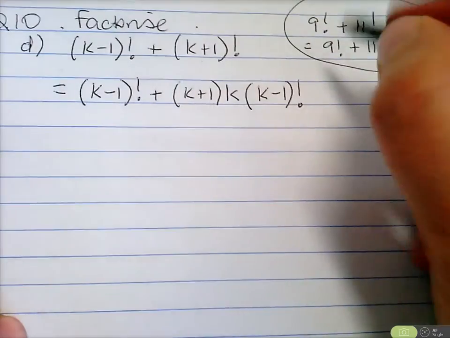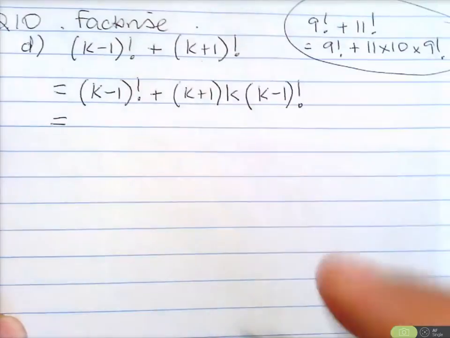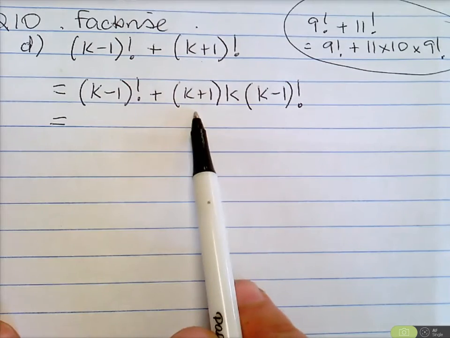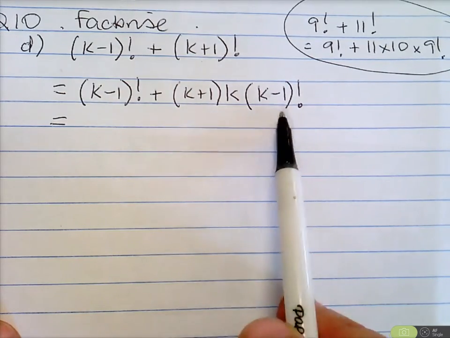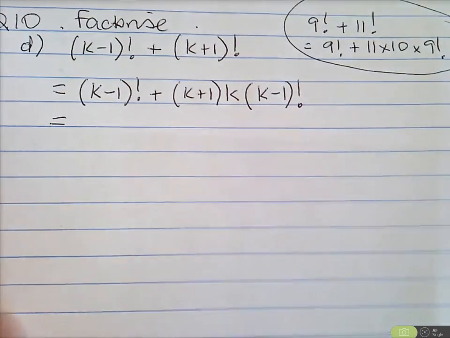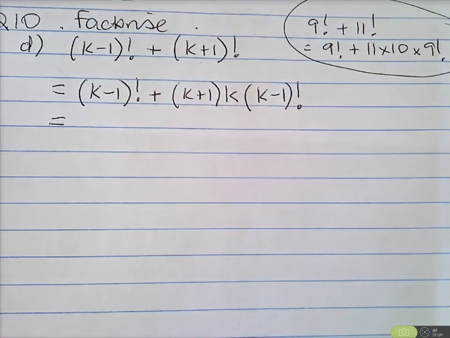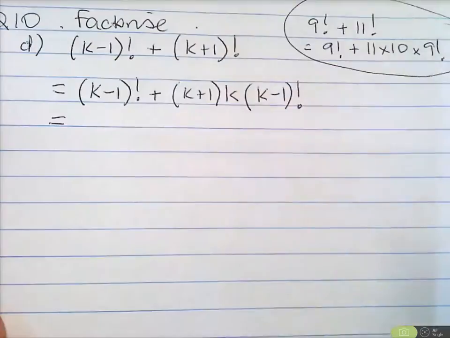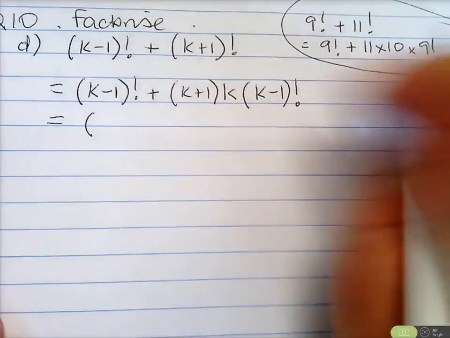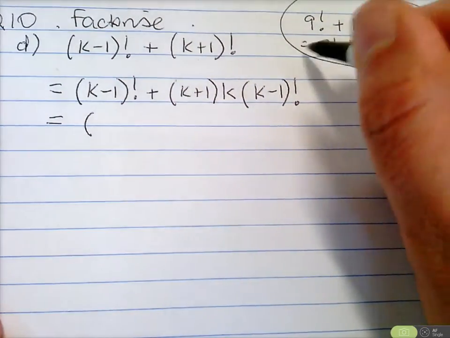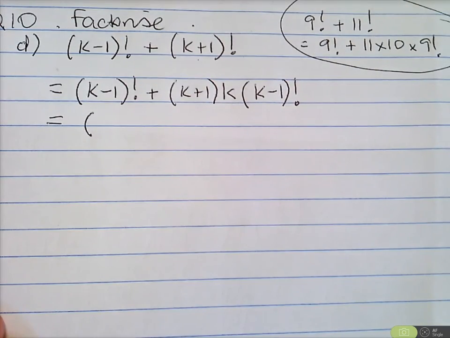Now, with this, k plus 1 factorial is k plus 1 times k minus 1 factorial, because you're supposed to go all the way down. So what's my common factor? K minus 1. Do you want me to keep going with the numbers? Do you get the idea?